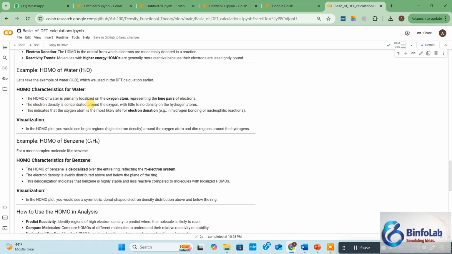The electron density is concentrated on the oxygen with little to no density on the hydrogen atoms. So that means the hydrogen atoms did not show any density. The two brighter spots you see are basically from the lone pairs of the oxygen. This indicates that the oxygen atom is the most likely site for electron donation during hydrogen bonding or nucleophilic reaction.